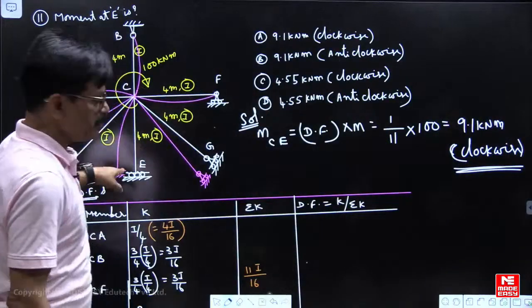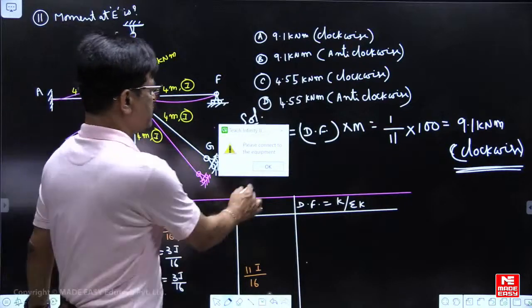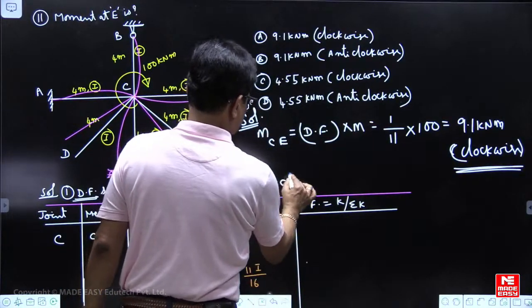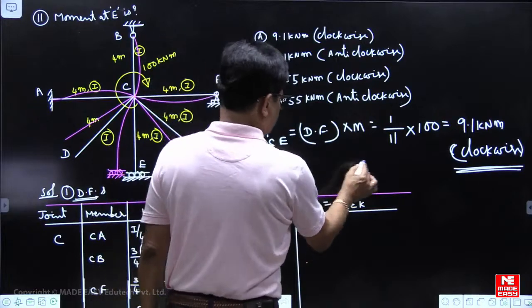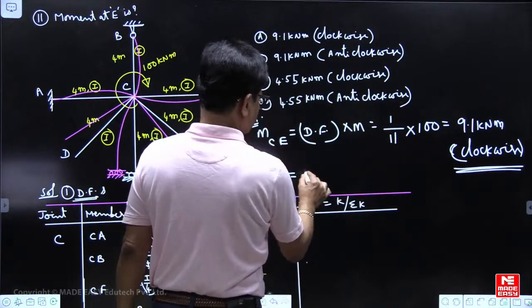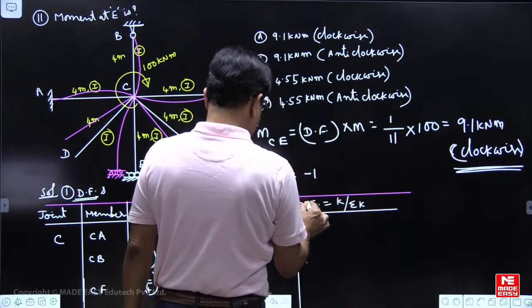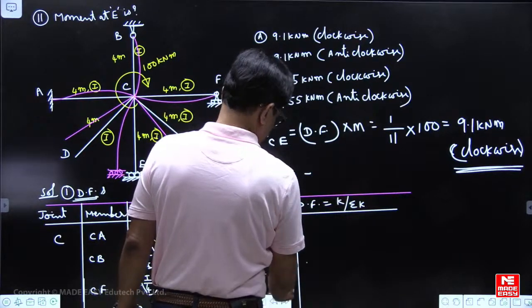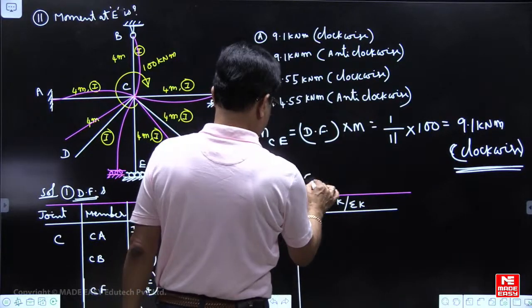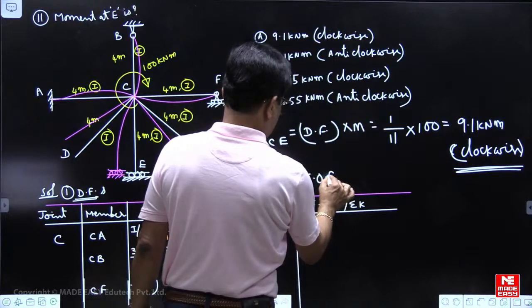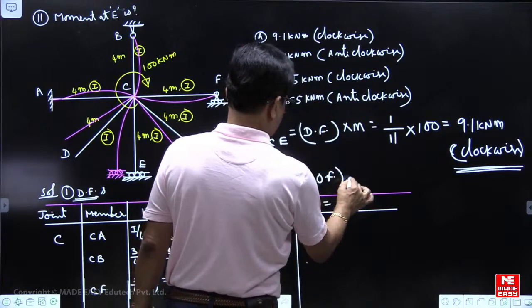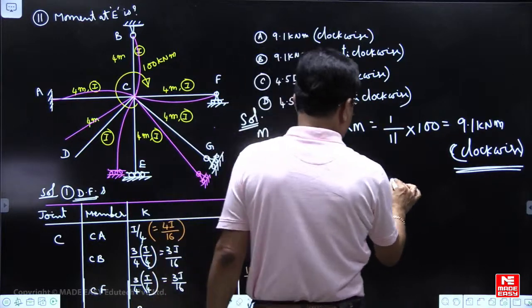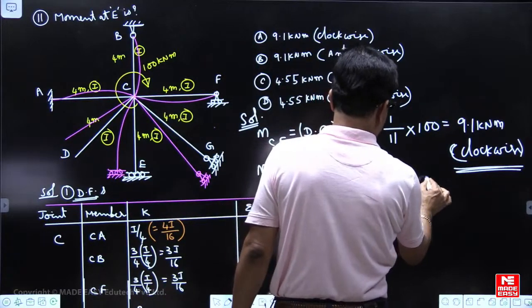Moment at C for the member CE. What is the moment at E? How much is the carryover moment? Carryover factor is minus 1 into 9.1.